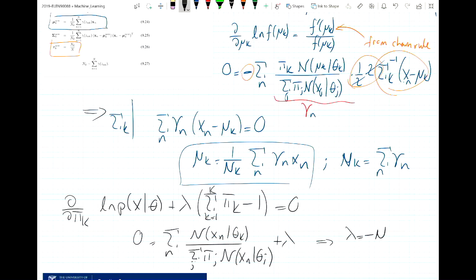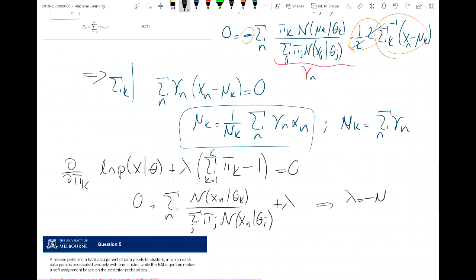and because if we sum up with pi k and sum it up, this doesn't affect that, but if I sum it up with pi k, the top and the bottom become the same, so the numerator and denominator become 1, so you get n out of that.